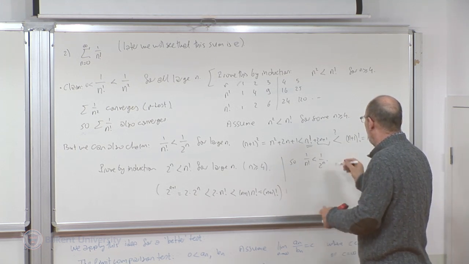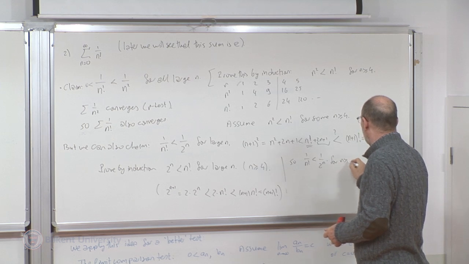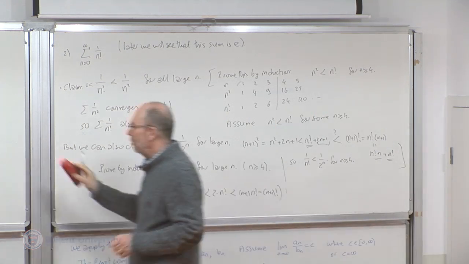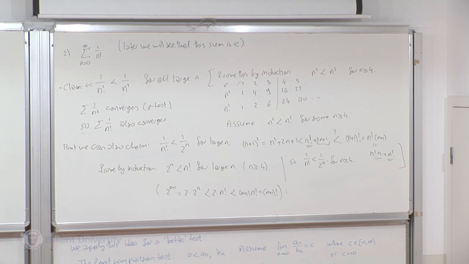So this is true for n larger than or equal to 4. Let's continue from there. Now it will be easy. So now I want to understand the sum with n equals 0 to infinity.